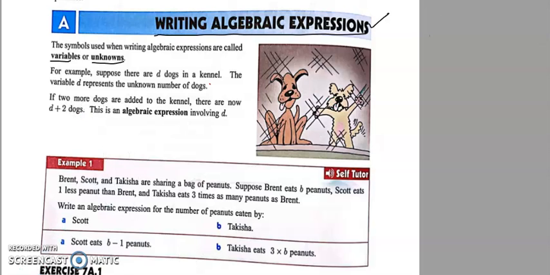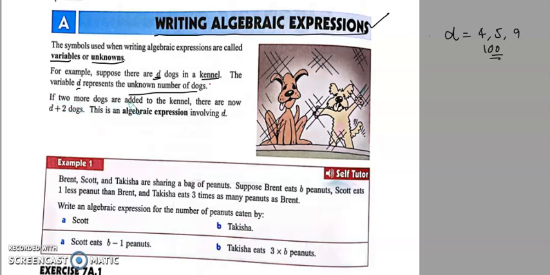For example, suppose there are D dogs in a kennel. The variable D represents the unknown number of dogs. D could be 4, D could be 5, D could be 9, D could be 100, anything. So that is unknown.